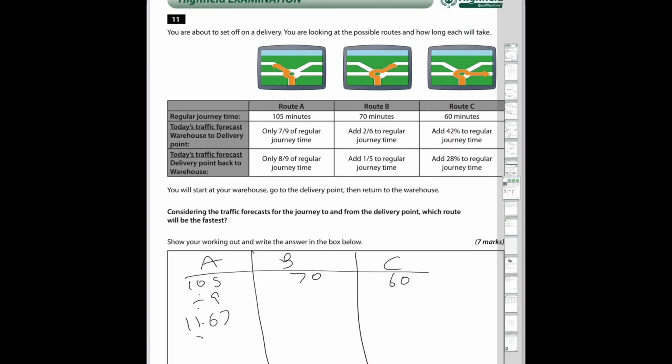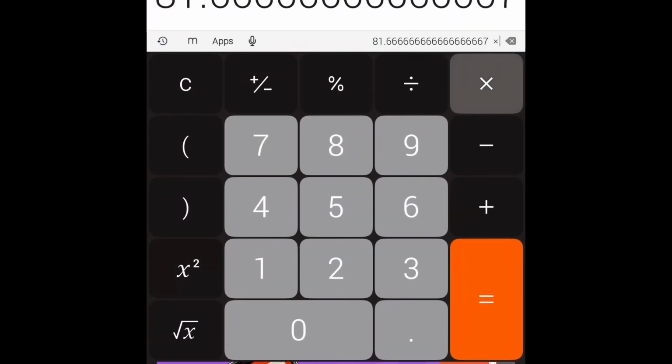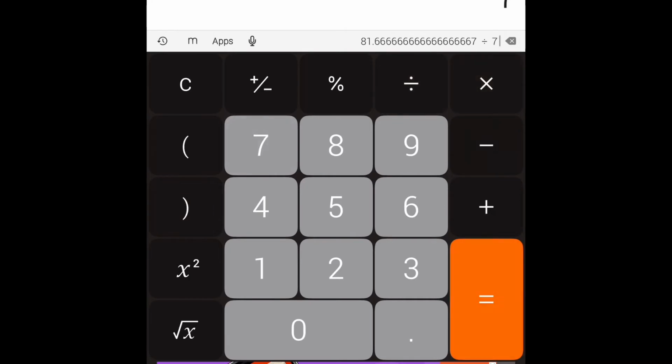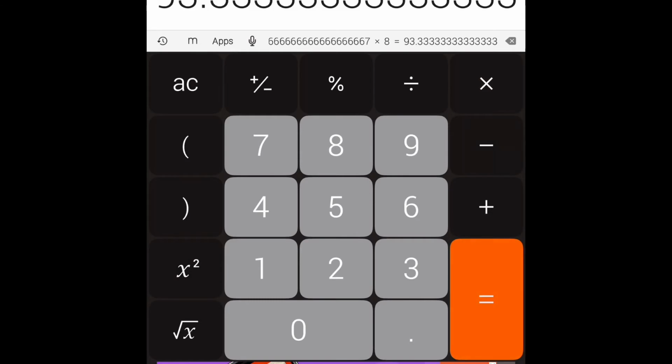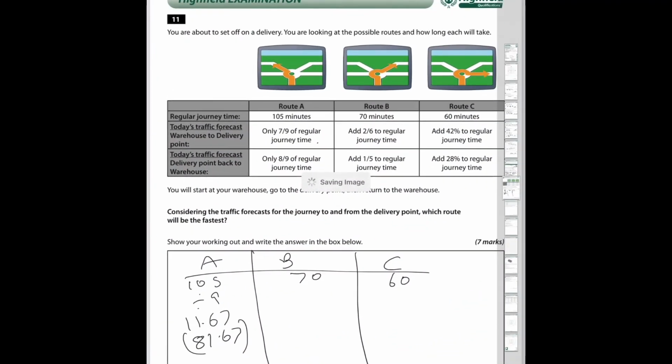So 81.67 is 7/9. And now we need to work out 8/9 for the way back. So if we divide that back by 7 again, times that this time by 8, that's 93.33.